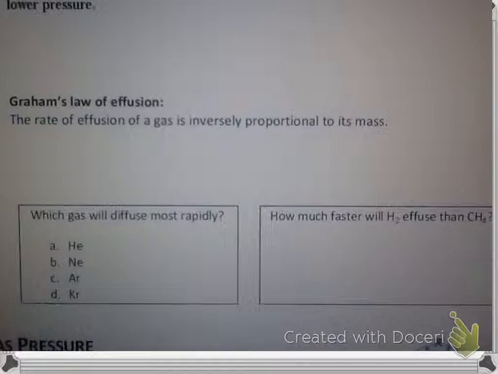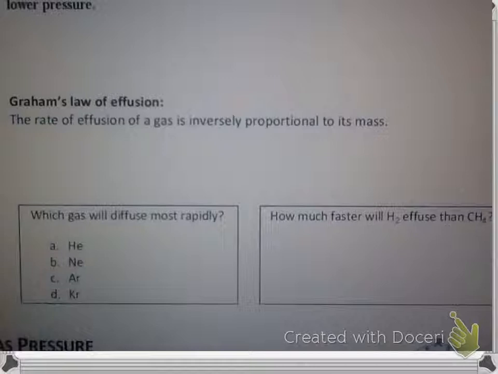If I have a gas that's a lighter weight gas, meaning its molar mass is low, it will actually effuse at a very fast rate. Those particles will be moving quickly. And if I have a gas that weighs a lot, like argon, that weighs a lot more than helium, the argon gas is heavier, and if you're at the same temperature, the average kinetic energies are the same.